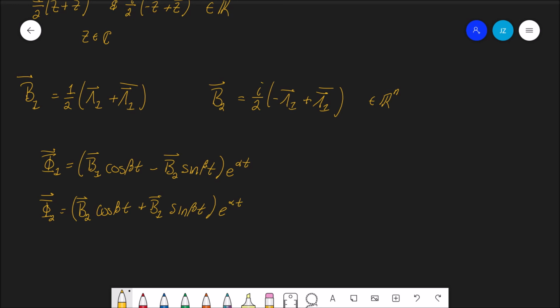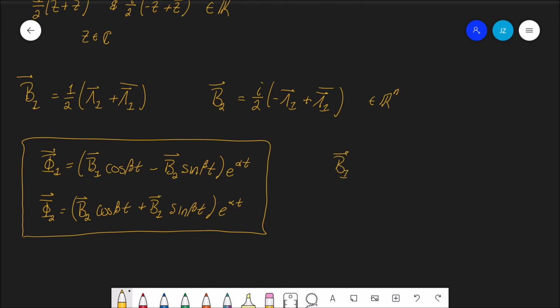These form a fundamental solution set. Now, we will also often write this: b1 is defined to be the real component of lambda 1, and b2 is defined to be the imaginary component of lambda 1.